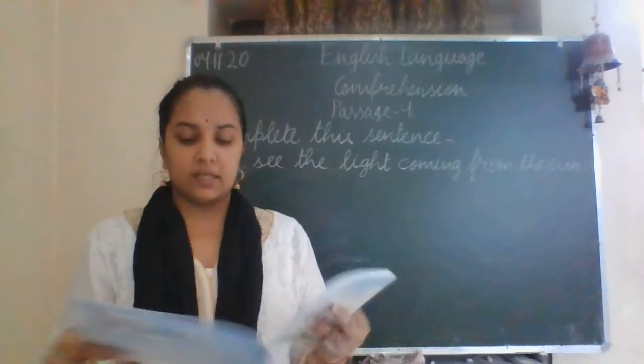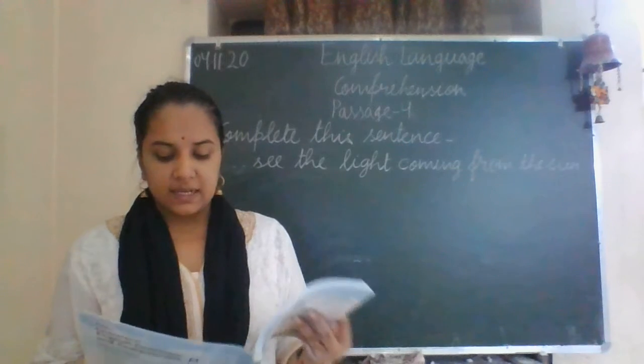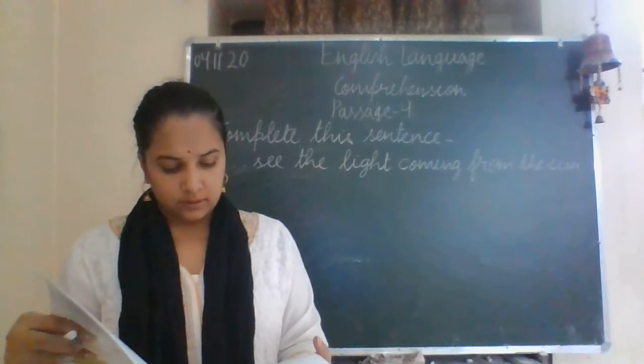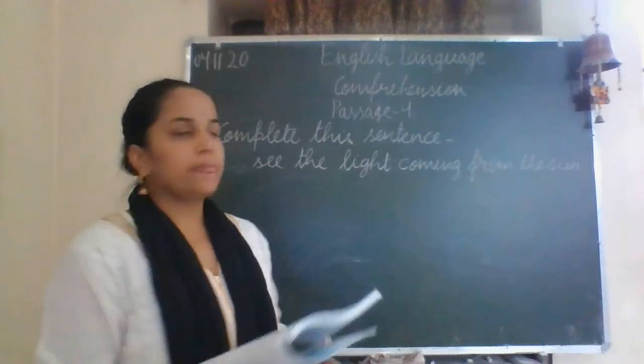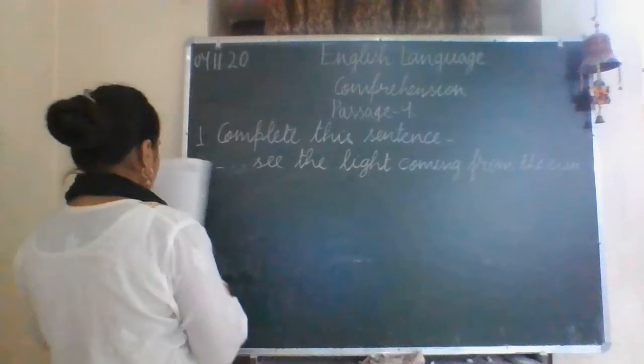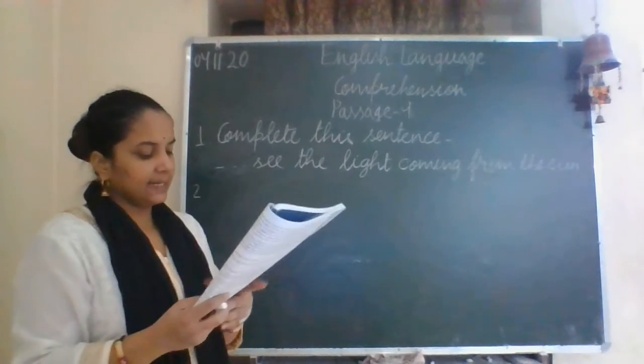The next one is: what happens in a partial eclipse of the sun? So we can write the answer. It is given in the first paragraph, second line.